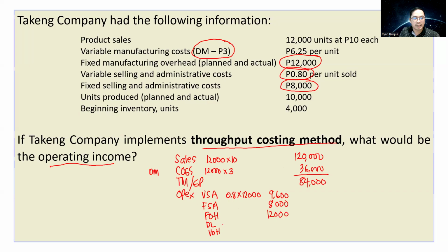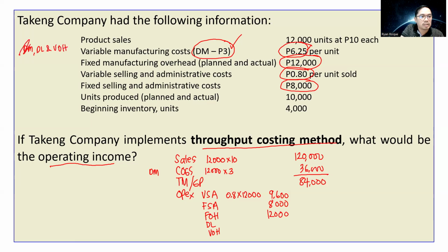Okay. For the direct labor and variable overhead, actually we can derive the DL and VOH per unit by subtracting the 3 pesos per materials from the 6.25 of variable manufacturing cost. Remember, the variable manufacturing cost includes DM, DL, and VOH.